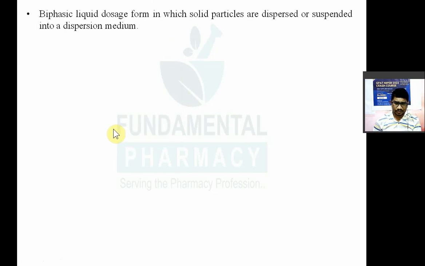In the suspension you have an insoluble drug which is dispersed as fine particles in the dispersion medium or the continuous space. So that's why it is a two phase system. In between the vehicle and the solid, there is an interface. Monophasic dosage form means you will not find an interface or a surface.